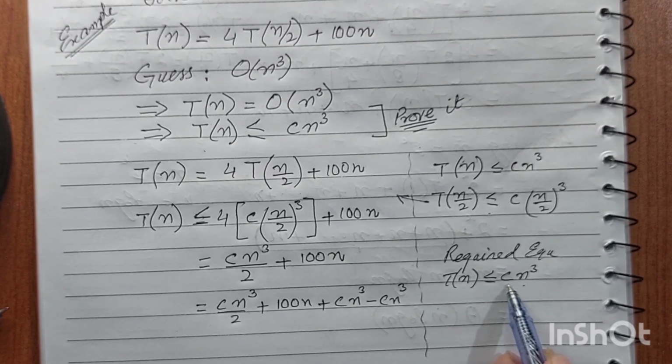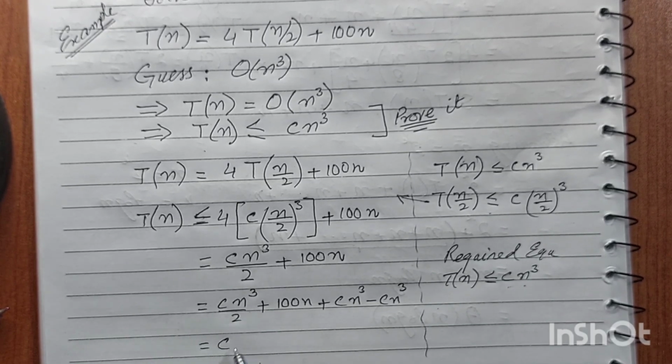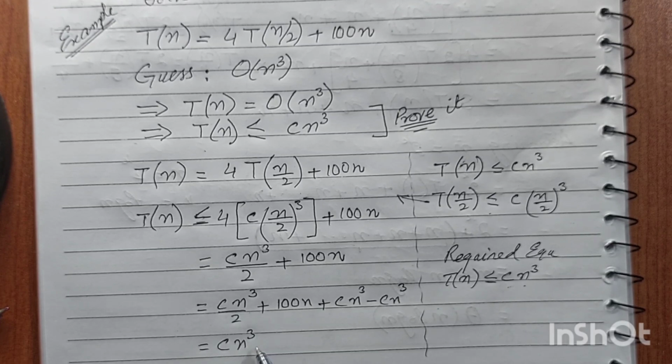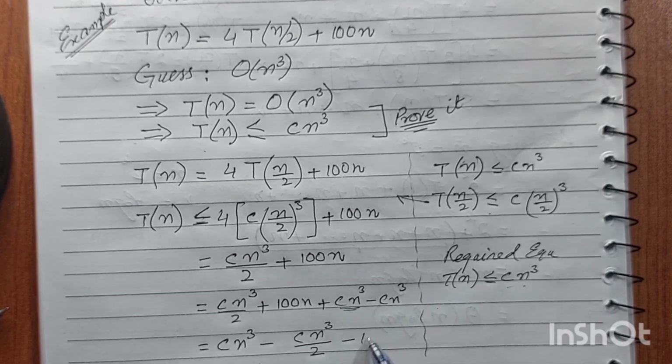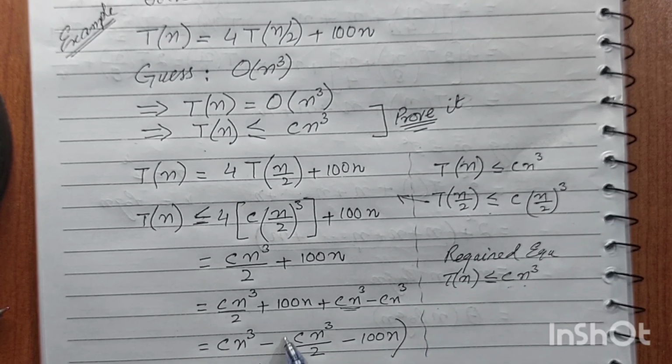On the right hand side I need c of n cube, so I keep that, and then I simplify the rest. This is c of n cube minus c of n cube by 2 minus 100n. I just close this bracket.